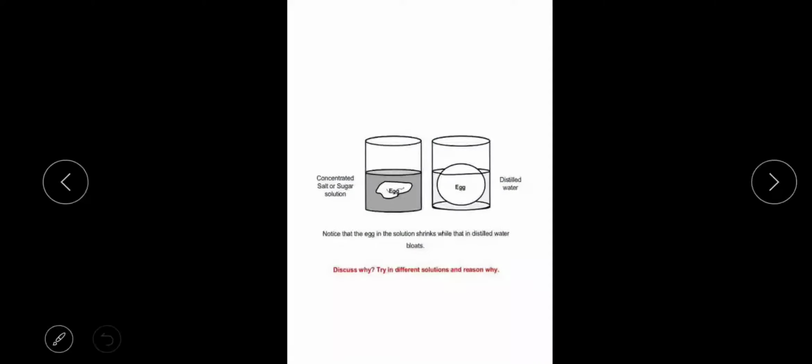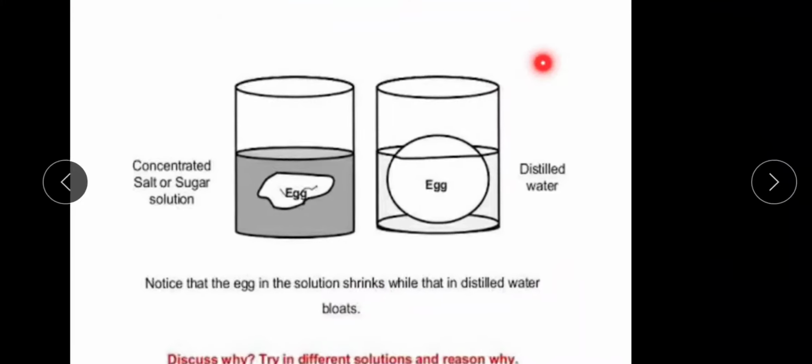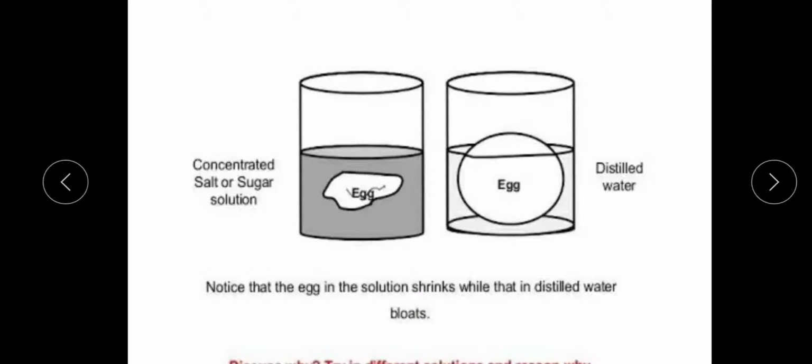So this is the example of the two types of osmosis. One is endo and one is exo. Here we have an example, that of the egg.